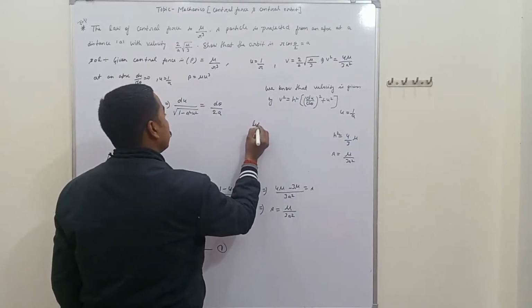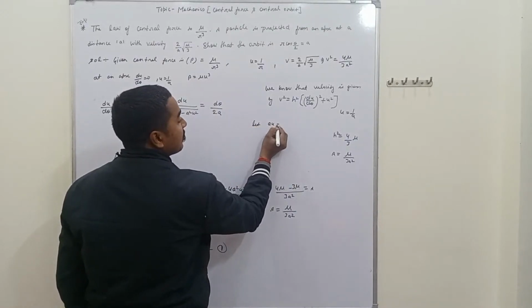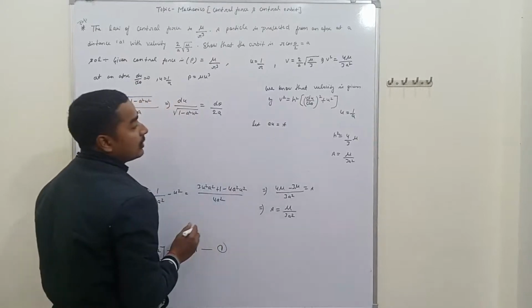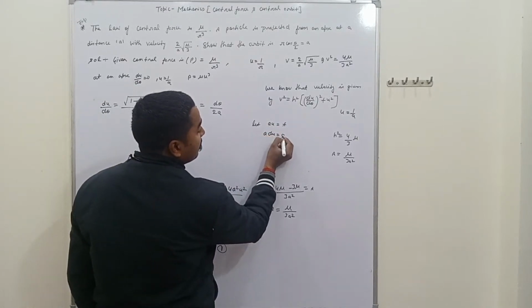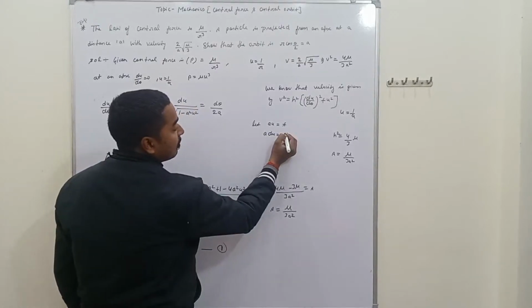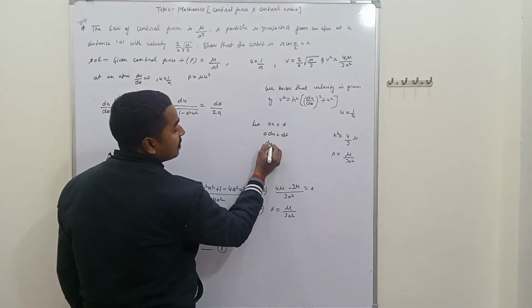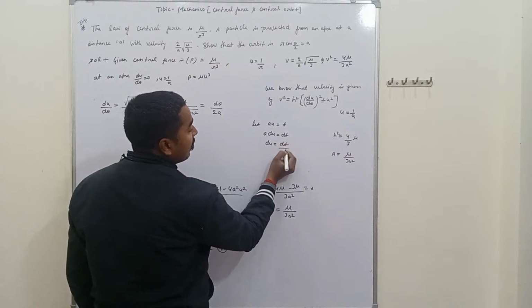And from here we let au is equal to t, that is a du is equal to dt, and from here we find the value of du, that is du is equal to dt upon a.